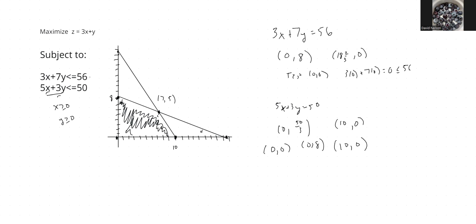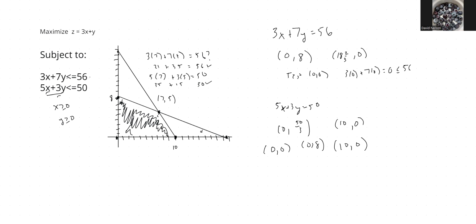Let's see, if x is 7, how would I do on my guess there? 3 times 7 is 21. 7 times 5, y is 5, that's 35. 3 times 7 plus 7 times 5, does that equal 56? 21 plus 35, yes, that is 56. So 7, 5 looks like it works in the top equation. If it also works in the bottom equation, I've got my solution. I've got 35 plus 15, that is 50. Yes, that does work. So 7, 5 is my intersection point.